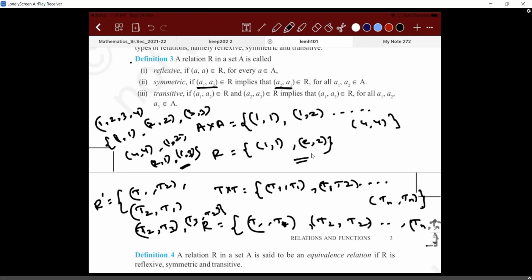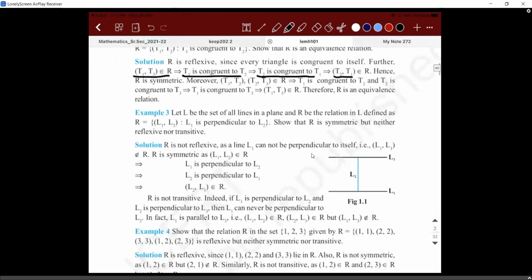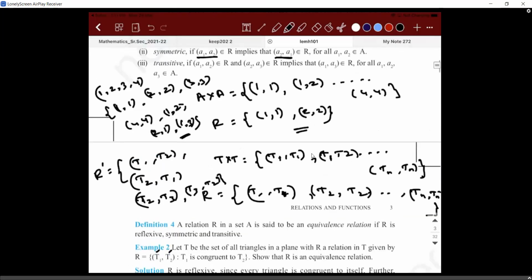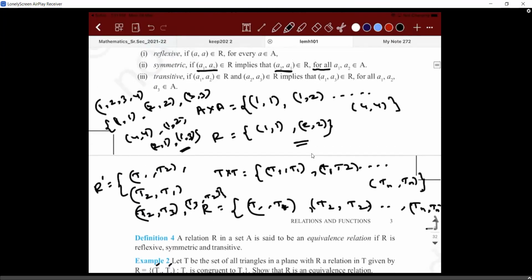I'm sorry about it. I mentioned it wrong. You cannot call it as symmetric because the statement says for all. I missed it. For all elements A1, A2 that belong.